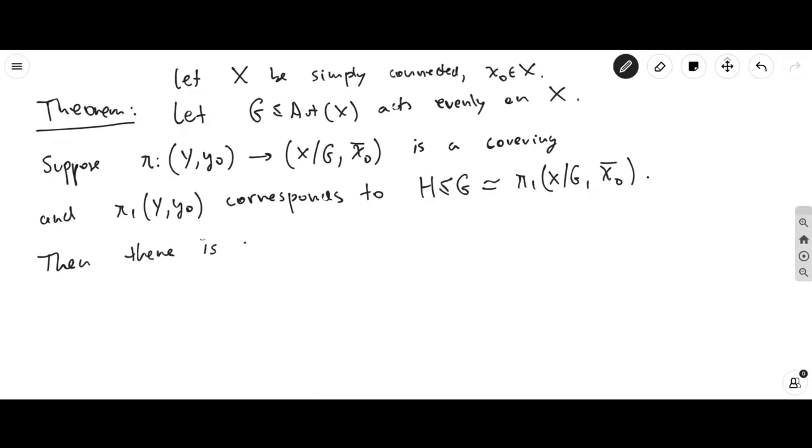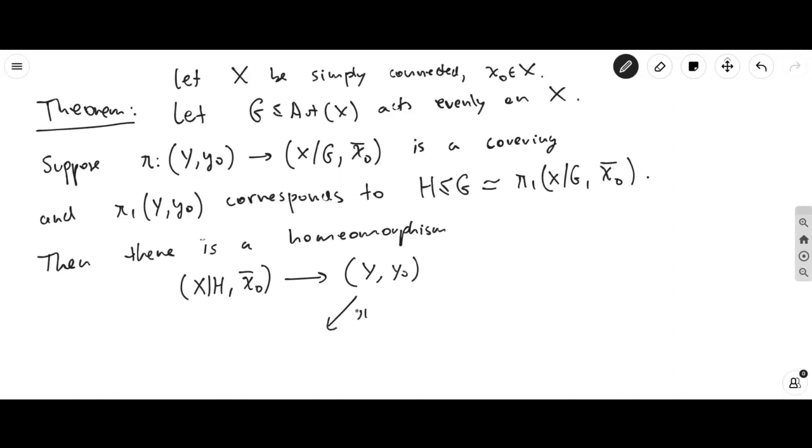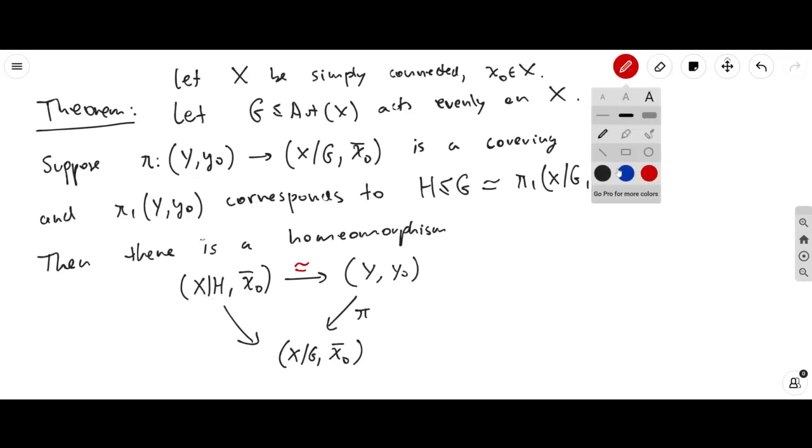there is a homeomorphism. So there's going to be the following homeomorphism. So we have X mod H, X0, going to Y, Y0. We have pi going to the base. And then we have a covering going like this. So then there's a homeomorphism between these two, which makes the diagram commute.